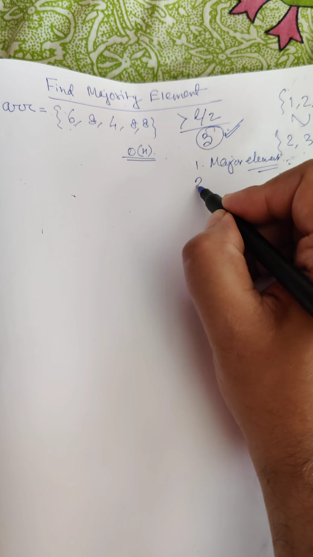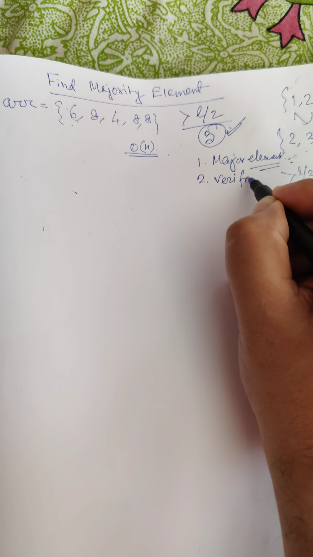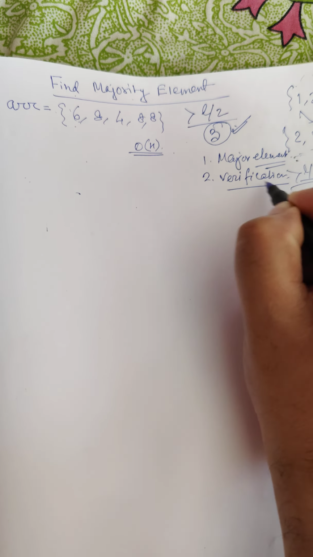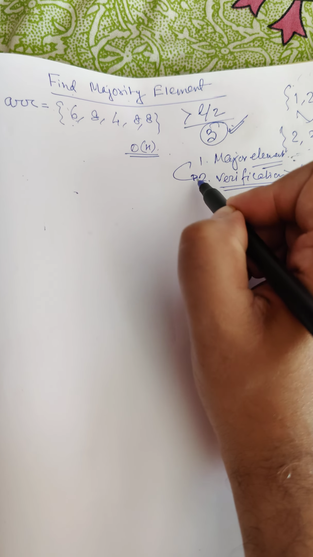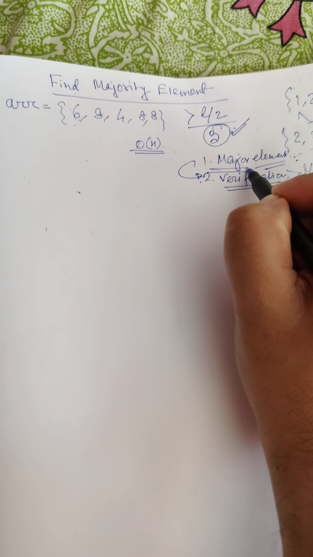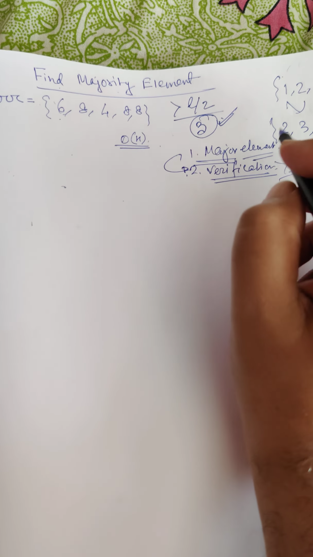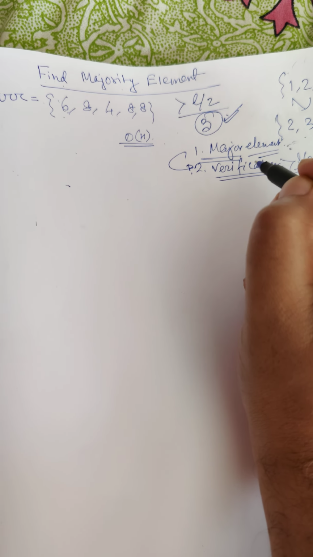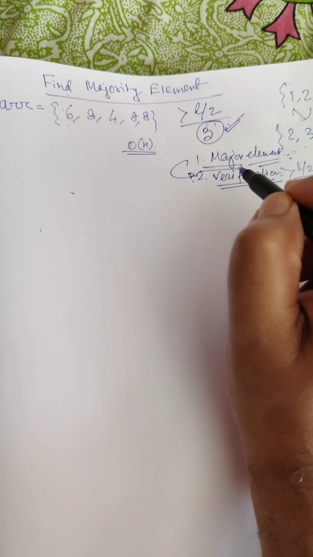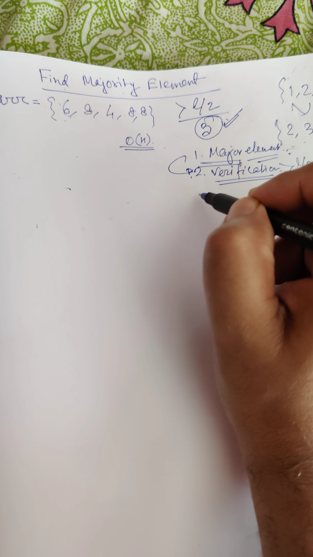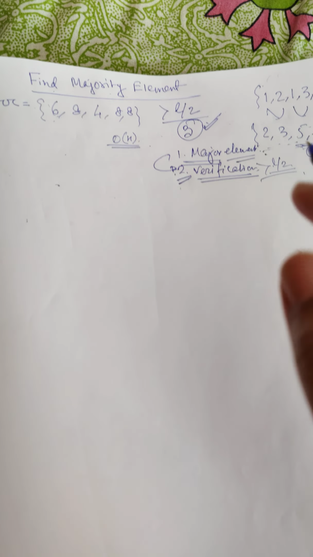The second part is a verification, which ensures whether the value we got from the first part is truly the majority element or not.